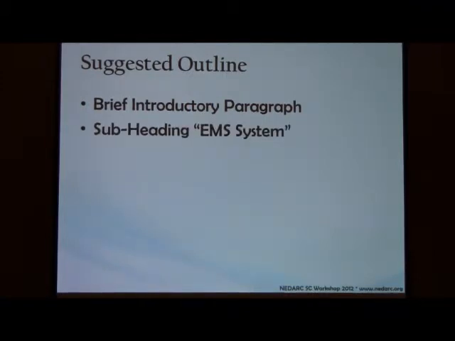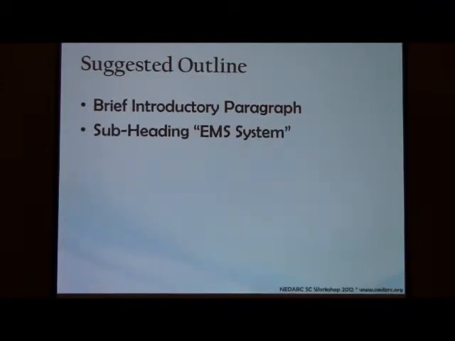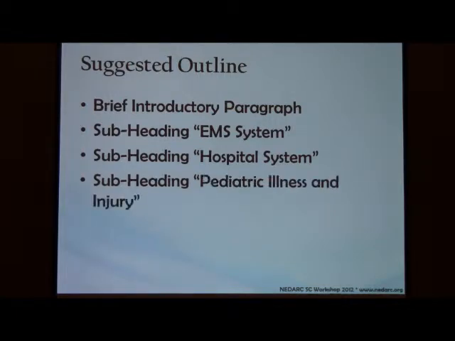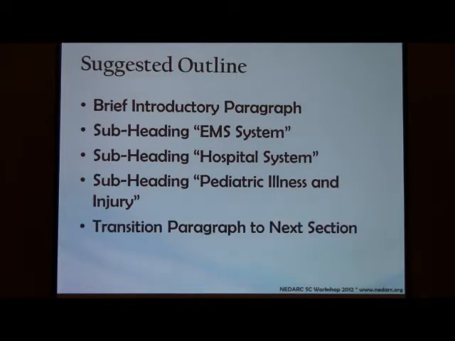Then you could include a subheading on your EMS system, because it asks you to describe your healthcare system, the EMS and the hospital system. That could be your next subheading. And then you could have a subheading on the prevalence of illness and injury in your state for pediatrics. And then finally you can transition to the next section. This is just a suggestion. You also can read both of those things and try to figure out how you would organize it.